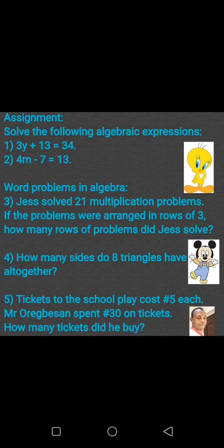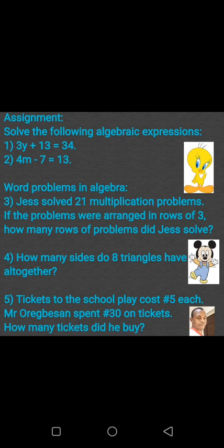Mr. Oregbeson actually spent 30 naira on tickets, but he didn't tell us how many tickets, but we know that how much he spent was 30 naira, and each of them cost 5 naira. So how many tickets did he buy? So divide the total by the cost of 1, so you get your answer.